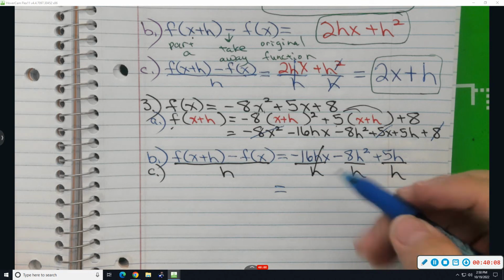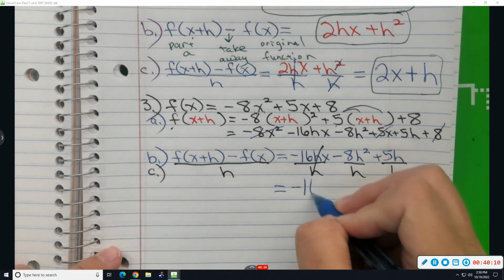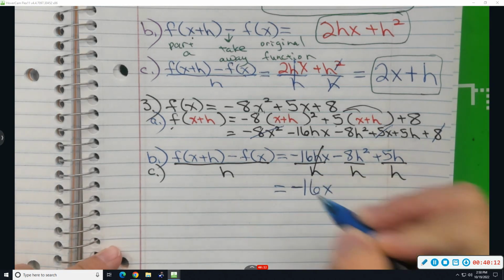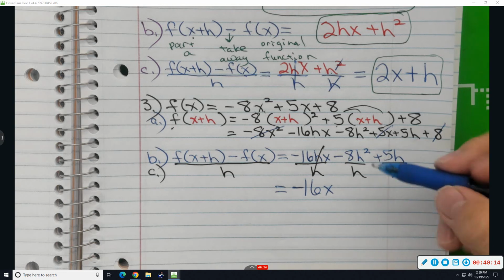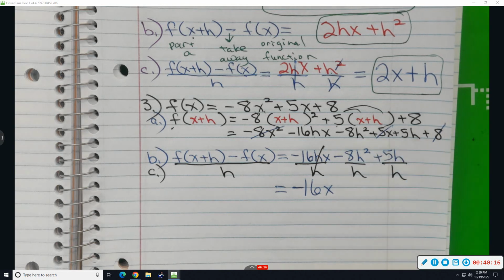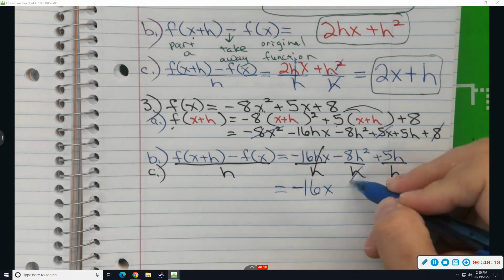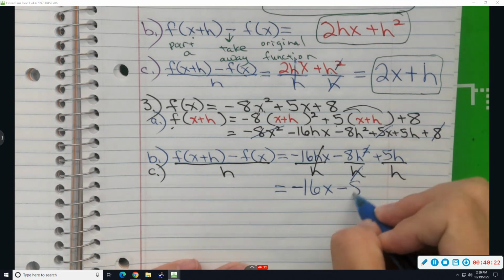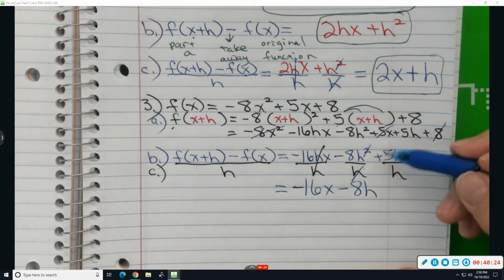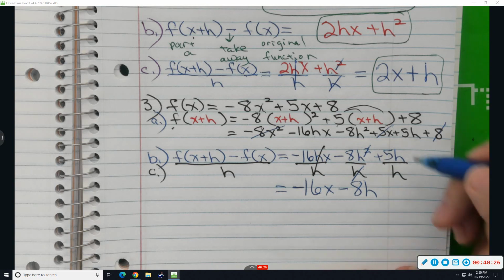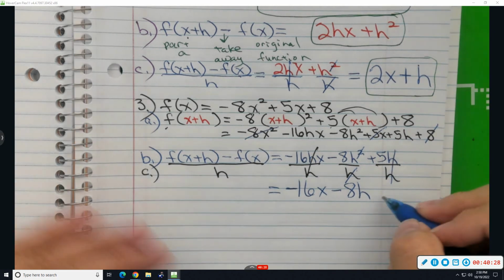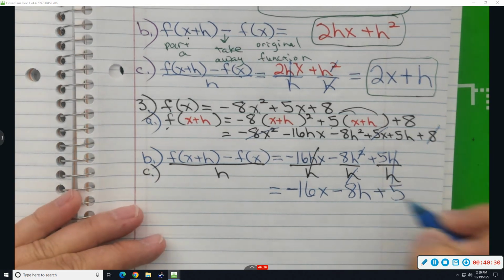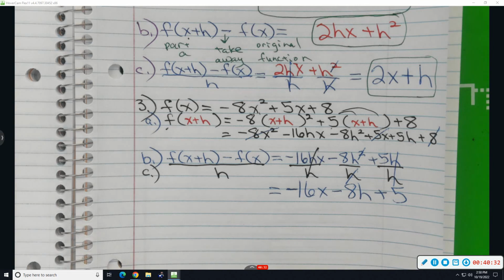Okay, a negative 16x, I agree. What's going to cancel in this second term? Okay, so that square is gone, leaving you just a minus 8h. And here, the h cancels, leaving us just a plus 5.